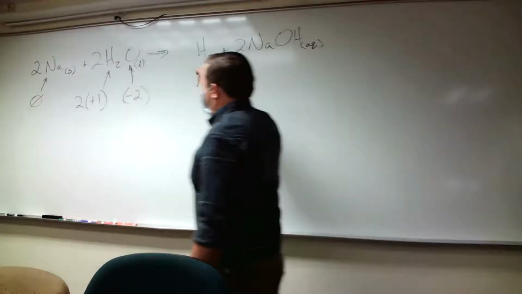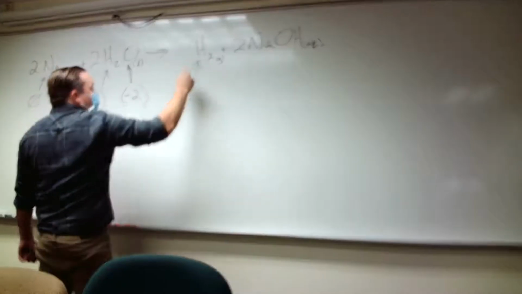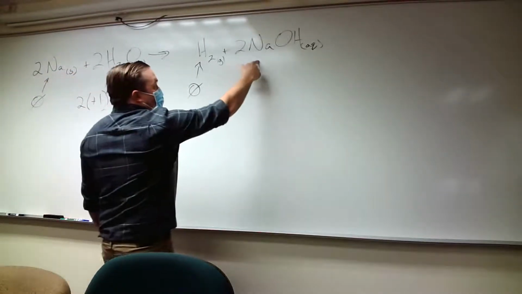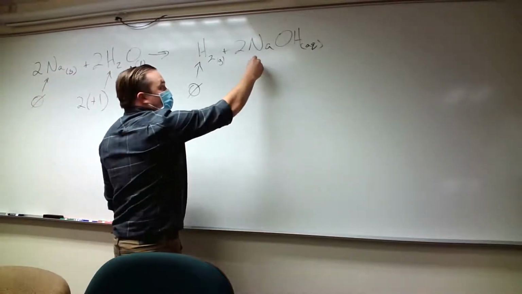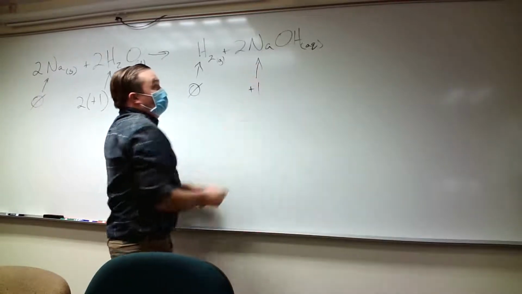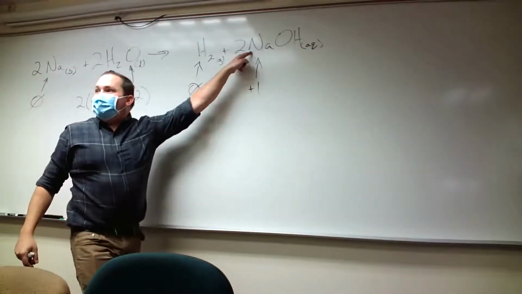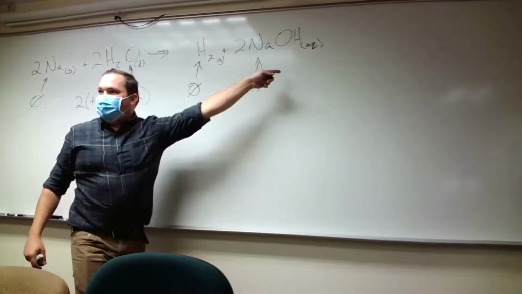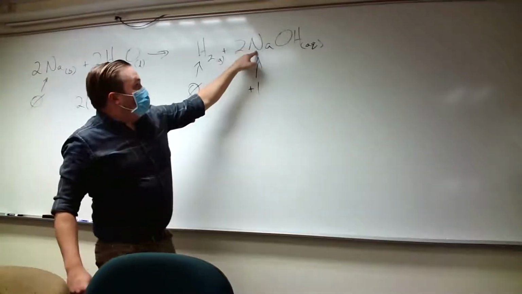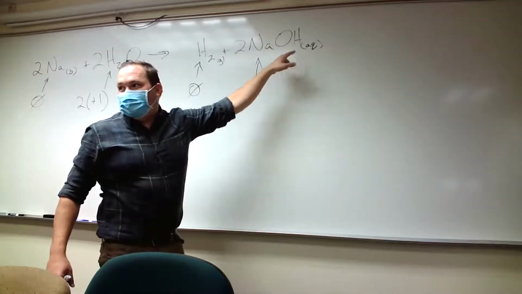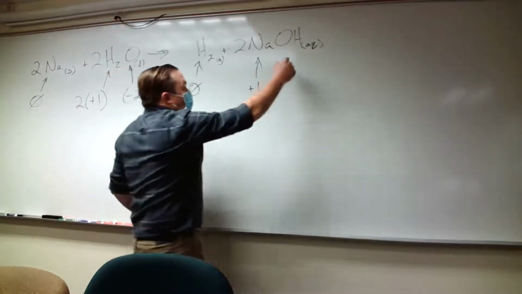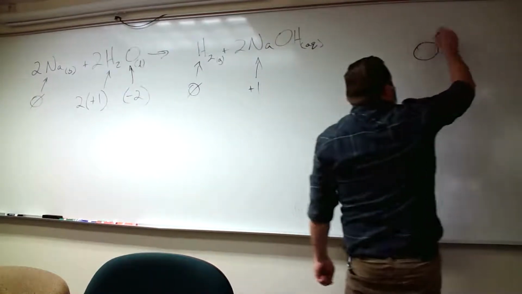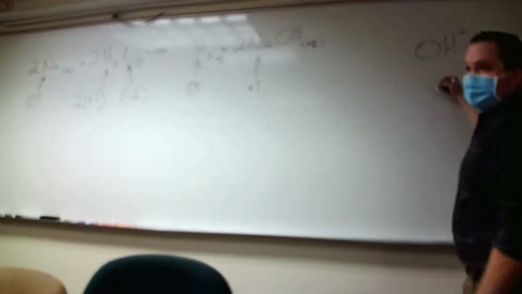What's our oxidation state on hydrogen now? 0. Sodium? +1. So when we have 3 elements, if it's an ionic compound, we just break it up into its pieces, right? We know that this is sodium ion, that's a hydroxide ion. Sodium ions are always +1, and the hydroxide as a whole is -1.